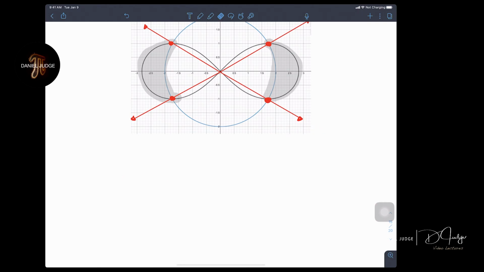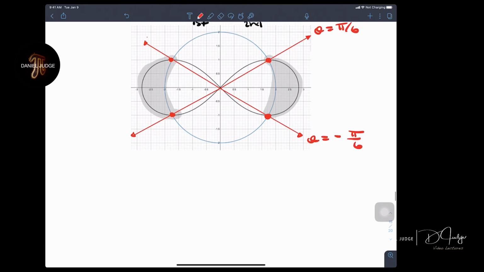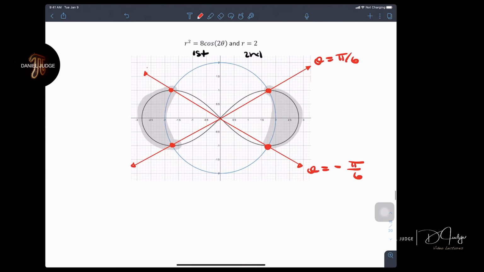And let's write that nicer. Now we're going to use some symmetry here, ladies and gentlemen. Take a look at this. This is going to be my axis here. This is theta equals 0 now.